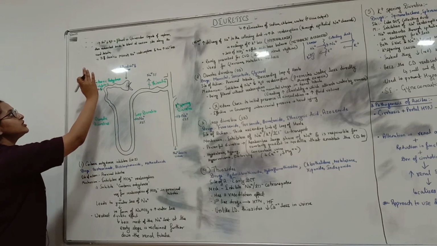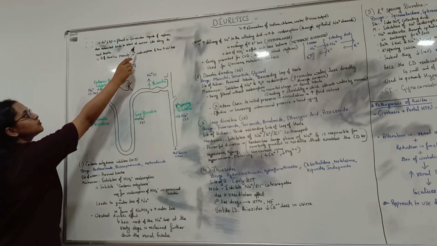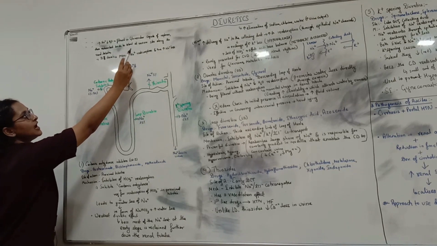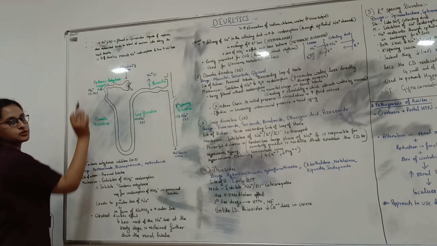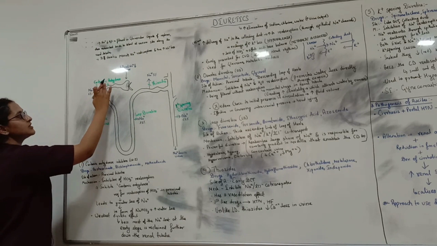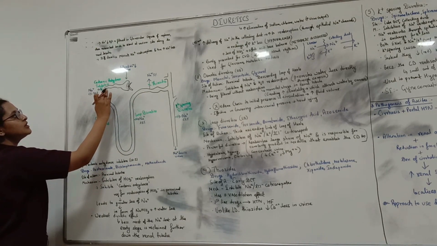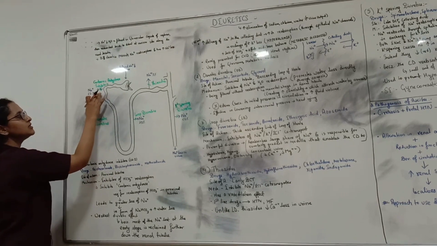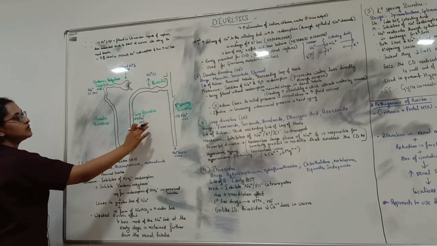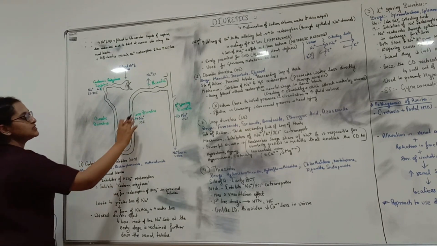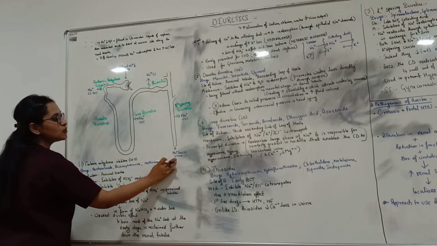Sodium and water are filtered in the glomerular capsule of the nephron, then reabsorbed back into the blood at various sites along the renal tubules. Different diuretics prevent sodium reabsorption at various sites of the nephron, and by that they increase the loss of sodium in the urine.